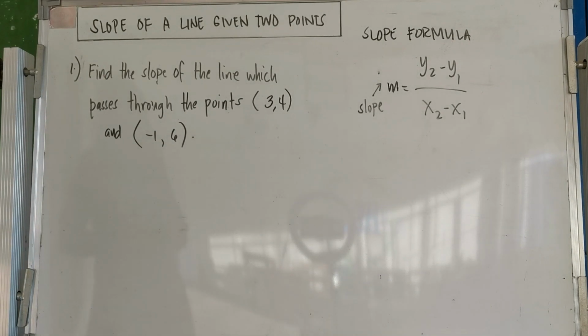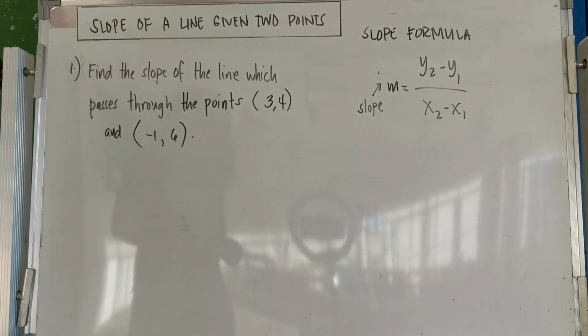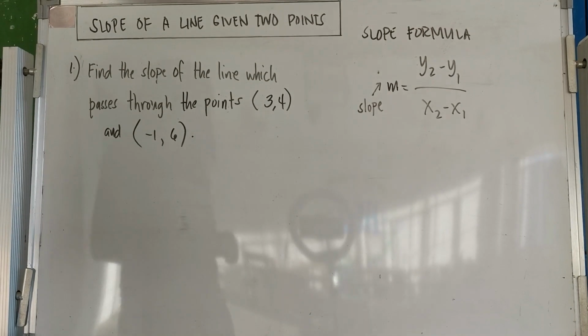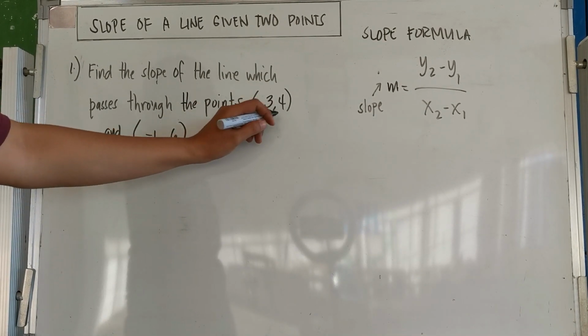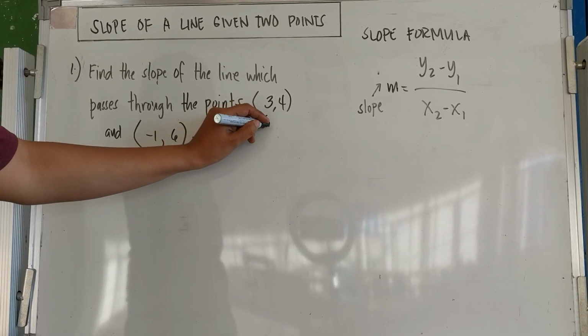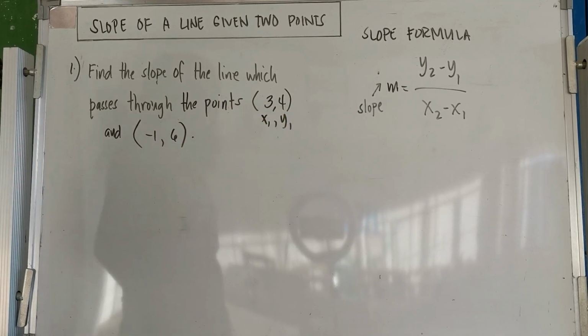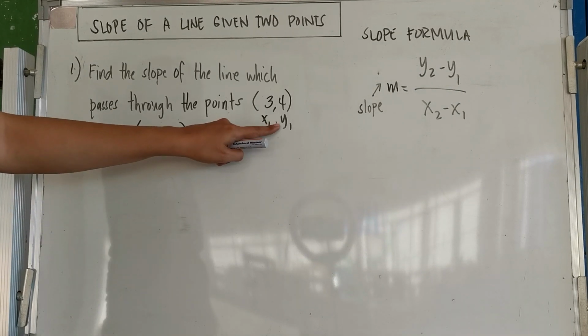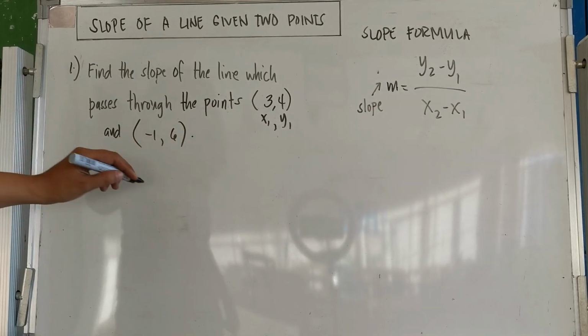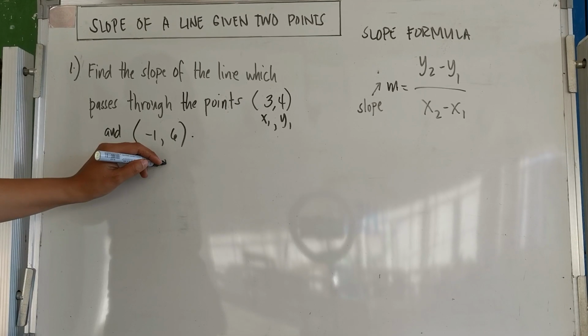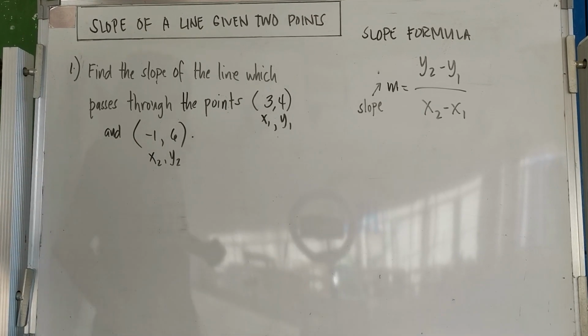Okay, so first, let us determine what is our x sub 1, y sub 1, or the first given. So, since this is our first given, ito yung ating x sub 1, y sub 1. And then, yung ating second given is our x sub 2, y sub 2.